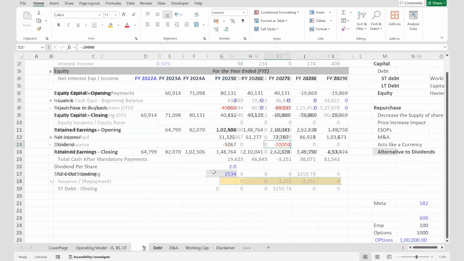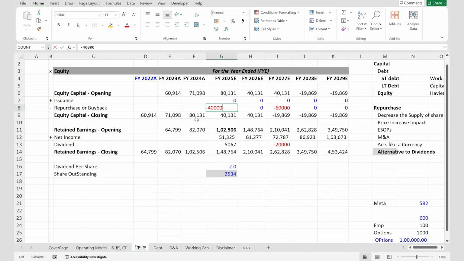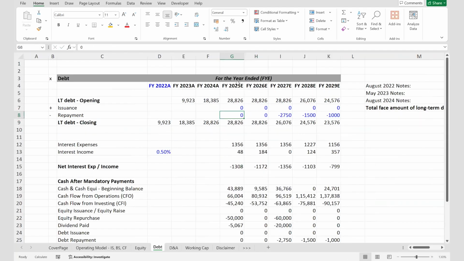Then on debt, suppose here you are doing, let's keep 50 instead of 40. And here also, suppose you are doing a repayment of debt, right? So this is, say, suppose 13,000.